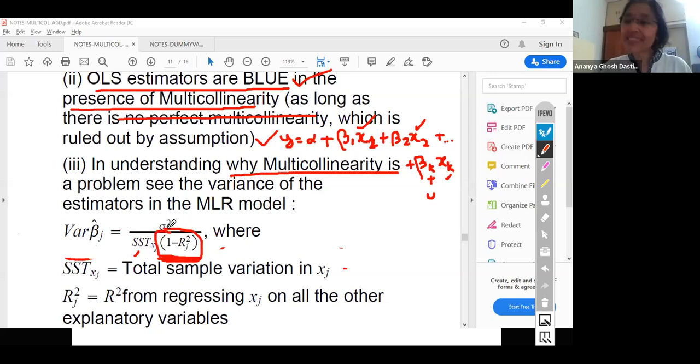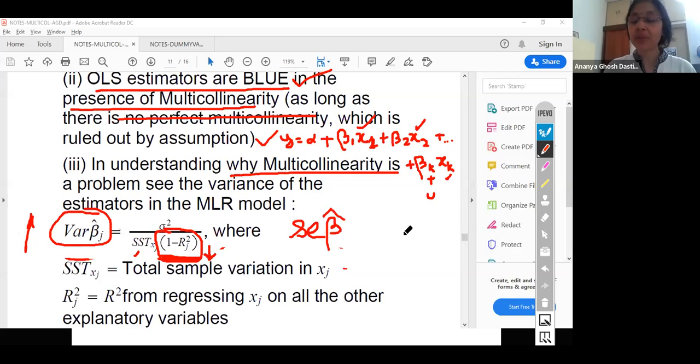If R squared j is very high, then 1 minus R squared j will be very low. And if that is the case, what will happen to the variance of my estimators? The variance of my estimators will be very high. Now, if the variance of my estimators is very high, the standard error of beta hat j will be very, very high.